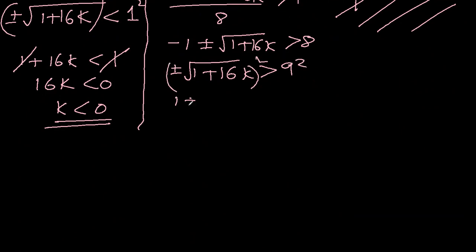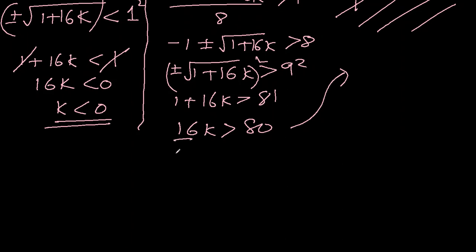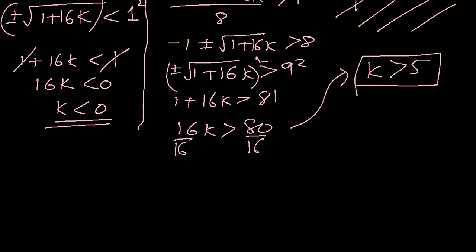So 1 plus 16k is greater than 81. 16k is greater than 81 minus 1, 80. Divide both sides by 16, positive 16, so it does not change any sign. K is greater than 5. Yes, this one proved that if k is greater than 5, the equation has no solutions.